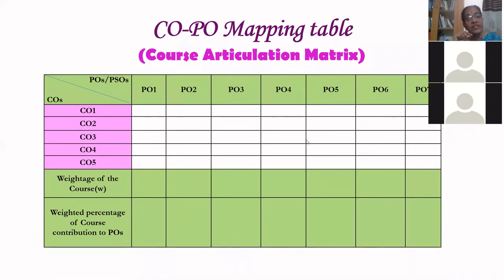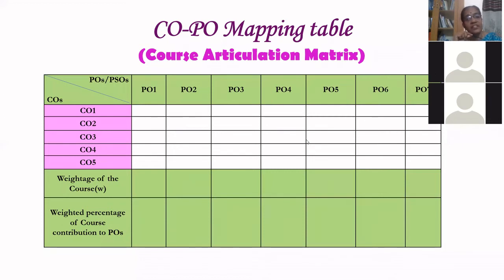Now you have to relate CO1 with PO1, CO1 with PO2 and so on, and write the entry, what type of relation it has with PO1 and PO2, etc. Depending on that, you have to calculate the weightage of the course. After calculating the weightage of the course, you have to calculate the weighted percentage of the course contribution to the POs. So this is the format.